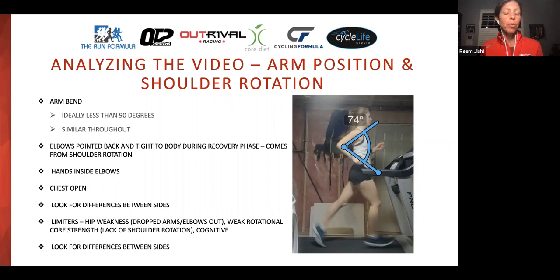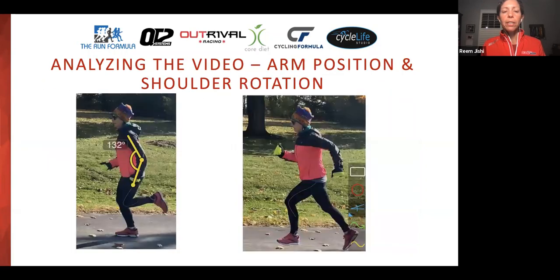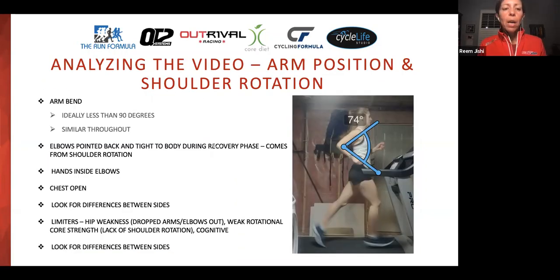And then the other thing with the arms, there's a huge piece of it that's cognitive. A lot of the time people think that they're supposed to chop their arms, or they don't realize what's going on. Sometimes you can make changes. I had good bend in part of my technique, but then my arm opened up in some of it.